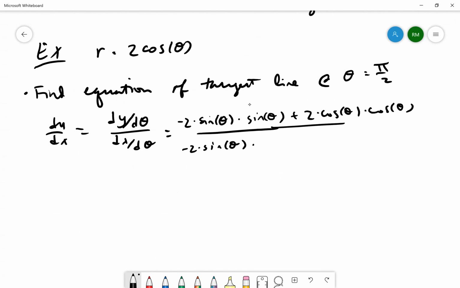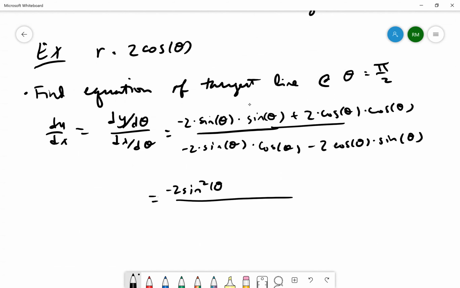negative 2 times sine of theta times cosine theta minus 2 times cosine theta sine theta. Okay, so if I simplify this a lot, what I should be getting is minus 2 sine squared of theta plus 2 cosine squared of theta over negative 4 sine theta cosine theta.